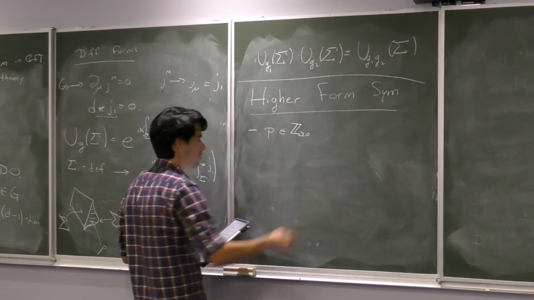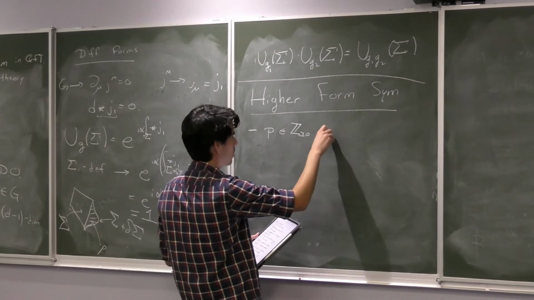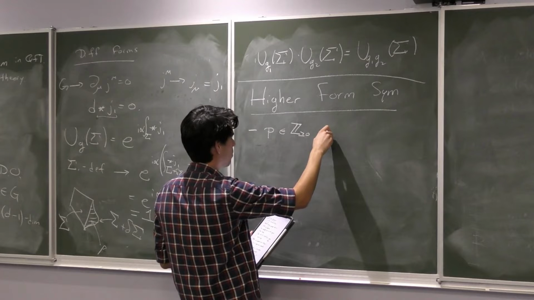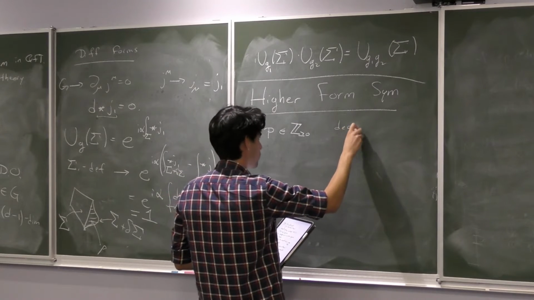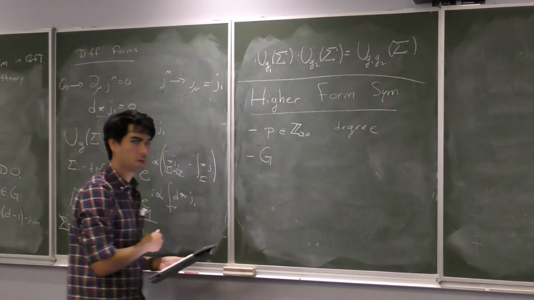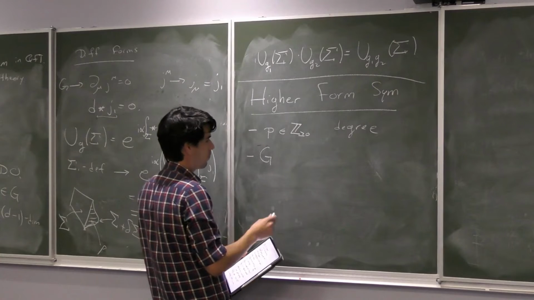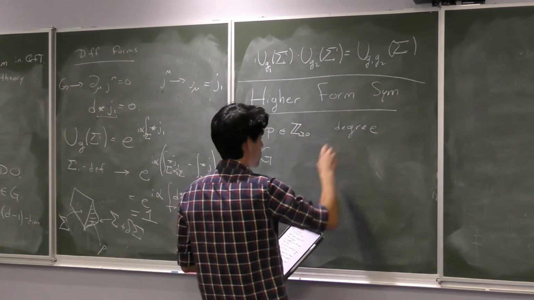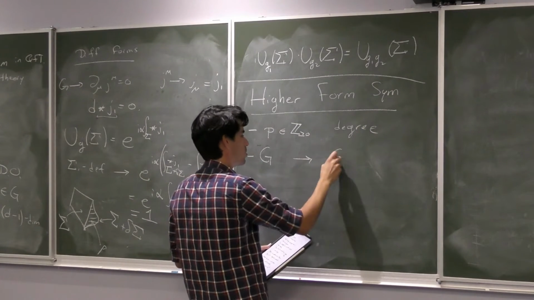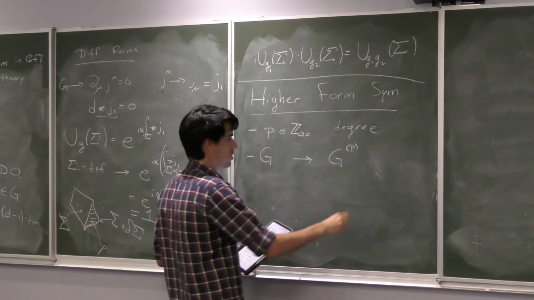So you have some non-negative integer p, which is called the degree. And then you also have some group G that acts on these operators. Together, this is often written as G^(p), and this is called a p-form global symmetry.